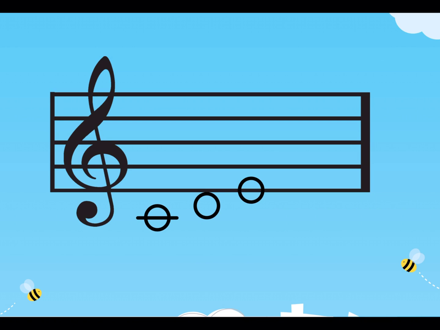Now the E is on the bottom line of the staff, line 1. This is F, and this is G. G is on line 2 of the treble staff. Here are our notes again.